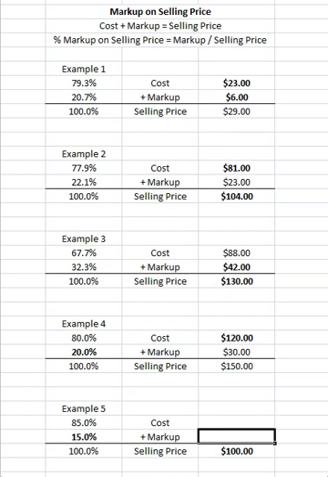But we're interested in the part. So the base is 100, the rate is 0.15, so we get $15, and the cost would have to be the difference between 100 and 15, or again it'll be the base $100 times 0.85, which would be $85, which is also the difference between the selling price and the markup.